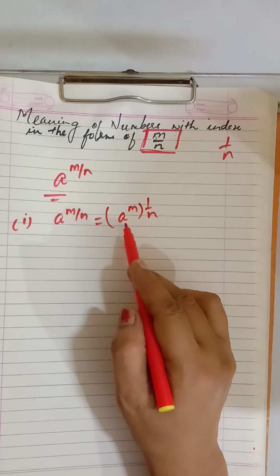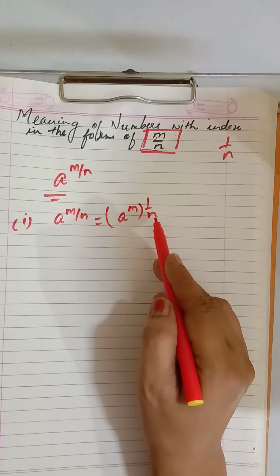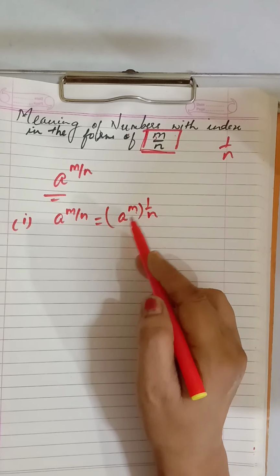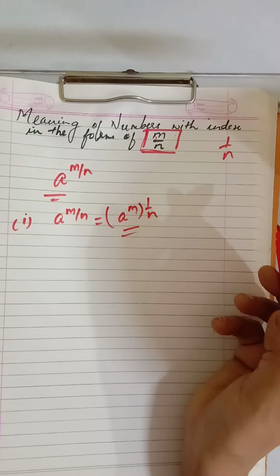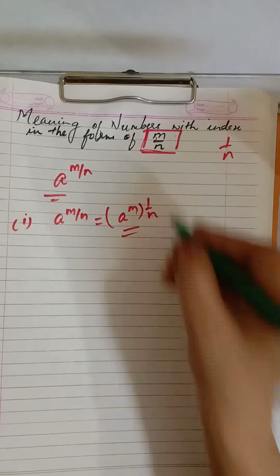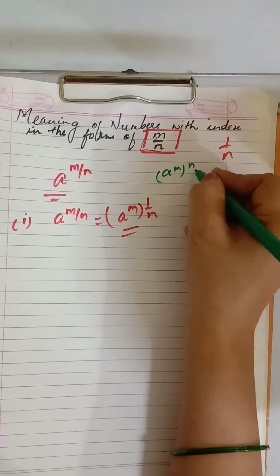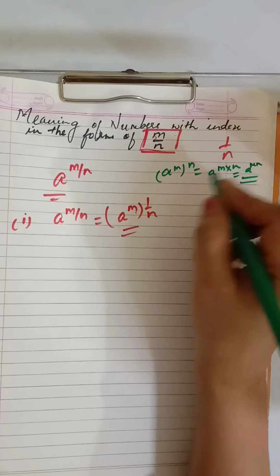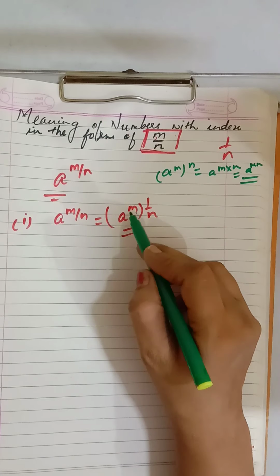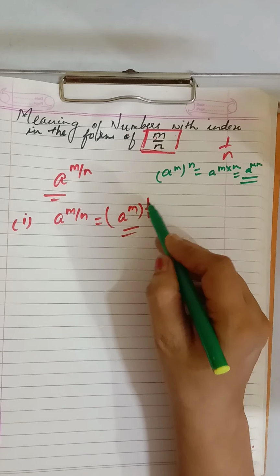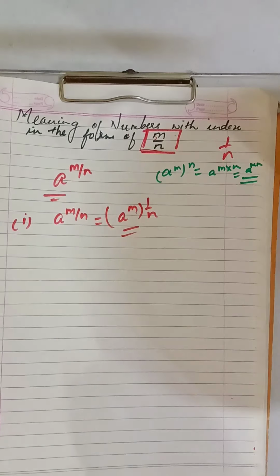This is one of the rules of indices, which says that a raised to m whole raised to n is equal to a raised to mn. Applying that rule, a raised to m raised to 1 upon n: here m into 1 becomes m upon n, so I have not changed the index.